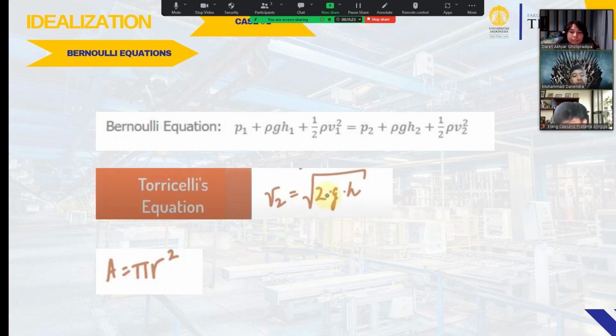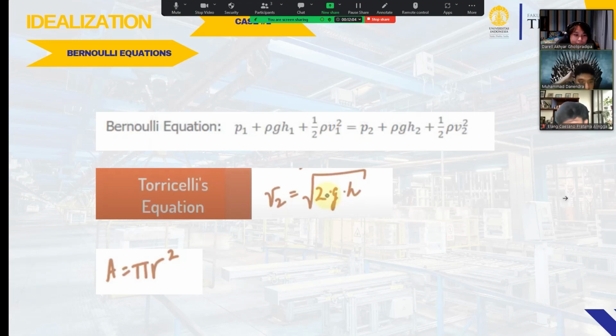In this concept we can use Torricelli's equation. Fun fact about Torricelli's equation: I think they taught us since middle school, right? It is one of those formulas that is usable in other equations, not only the Bernoulli equation. And also we have the reference area, A equal to pi times r squared, which is the area for the tube because it is circular.